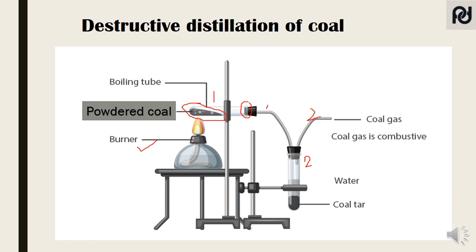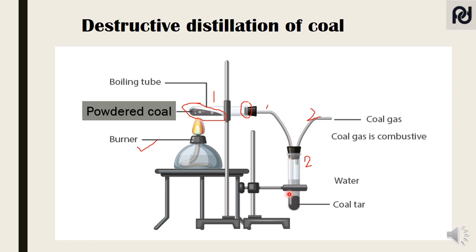When the burner is set to the flame, then test tube 1 will be heated, and in absence of air, it will produce a gas. That gas and the vapor will travel all the way through this bent tube 1, and it will reach test tube 2.